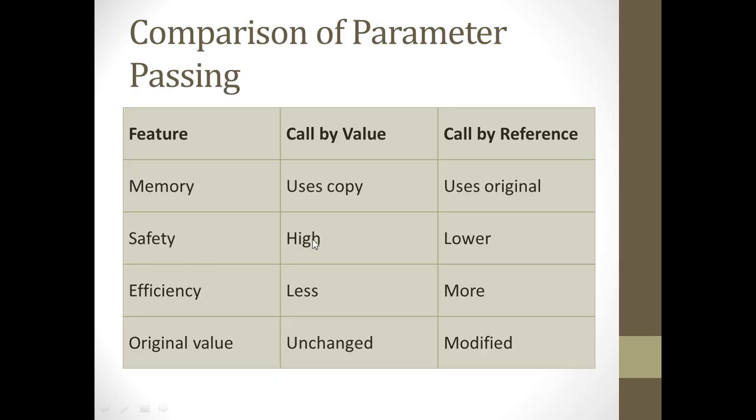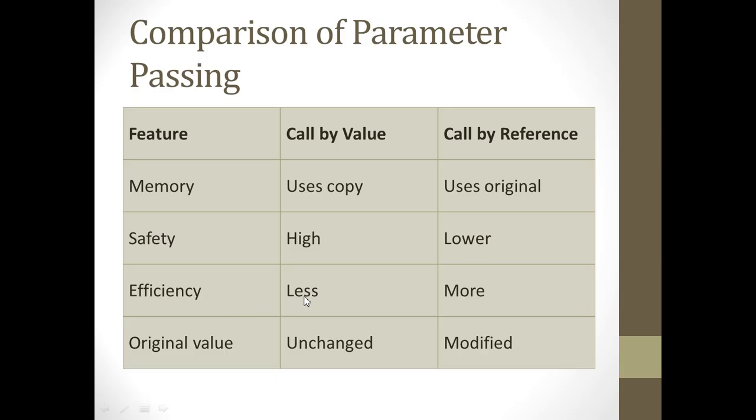For safety, call by value is safe because changes made in the function do not affect the original value. While for call by reference, the safety is low because if you unintentionally make changes in the function, it will affect the original value. That is why we have the constant reference to prevent that.